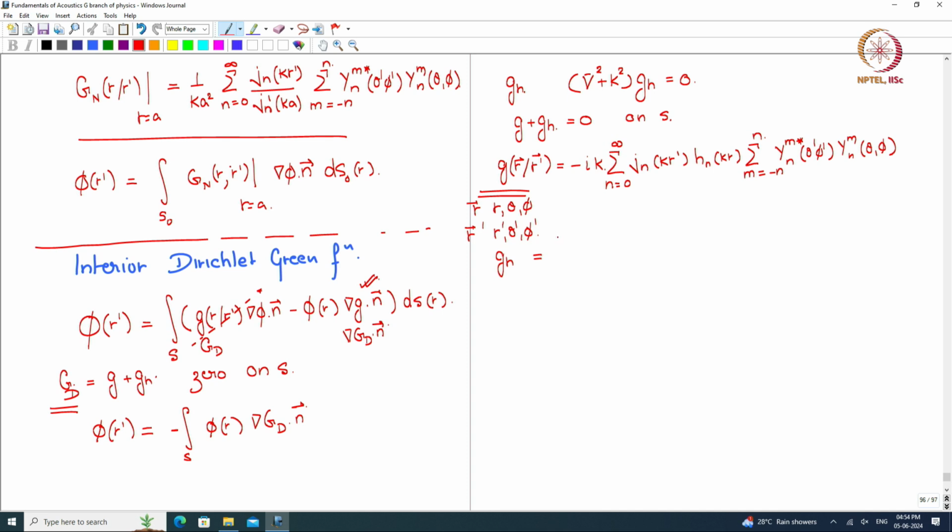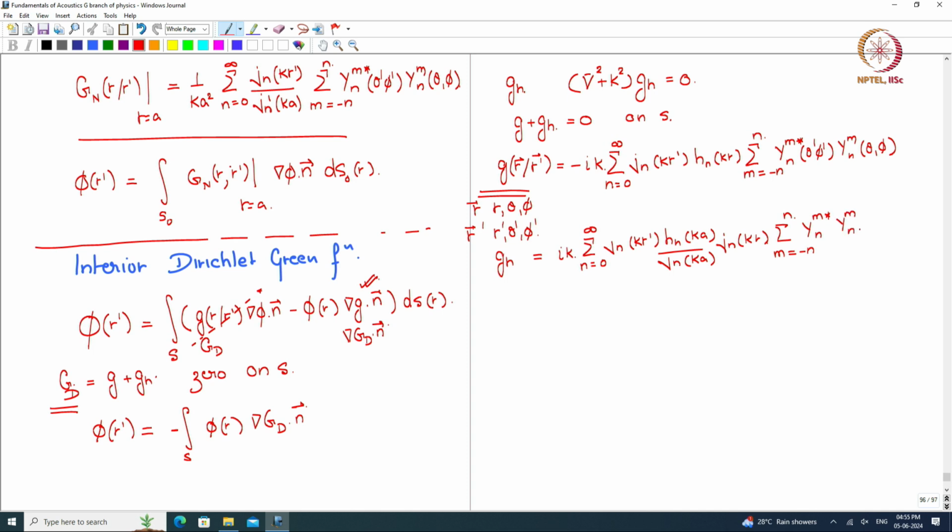Okay, so we have an i k, and we have to sum from n equal to 0 to infinity, and this evaluation will take place on r equal to a, so I have j n of k r dash h n of k a by j n of k a, j n of k r, summation m going from minus n to n, Y m star n Y m n.